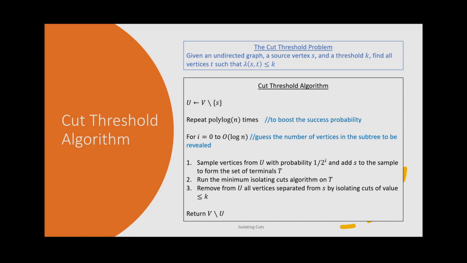If a vertex is persistent, it decides to stay in U, I am not being able to mark it, it better be the case that it's actually connected with value more than k to S. So everything I end up marking at the end that's not in U anymore, these are the vertices I return for my cut threshold algorithm. Okay? So that's my overall cut threshold algorithm.